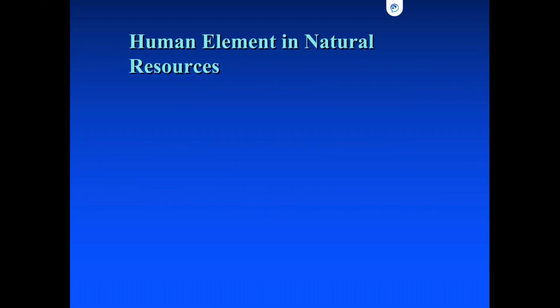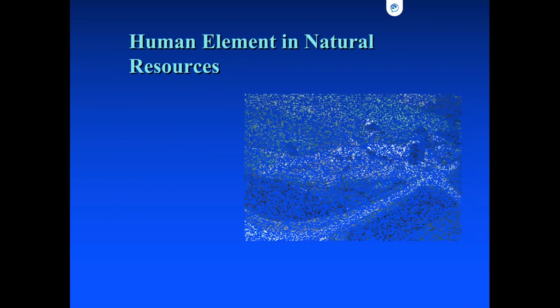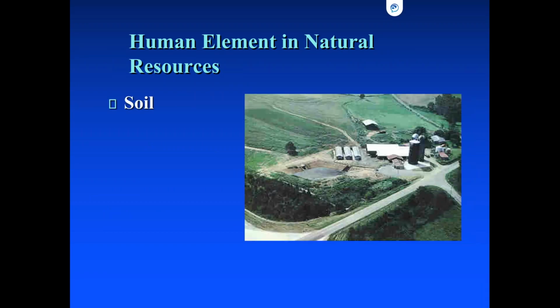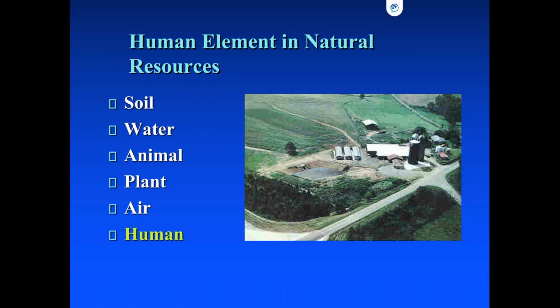So let's talk about the human element in natural resources, right? This part is the technical, the SWAPA: the soil, the water, the animals, the plants, the air, and now the human, right? So the first five is the SWAPA that NRCS talks about all the time, the technical things, the natural resources. But the human consideration, sometimes that's a little harder to deal with.